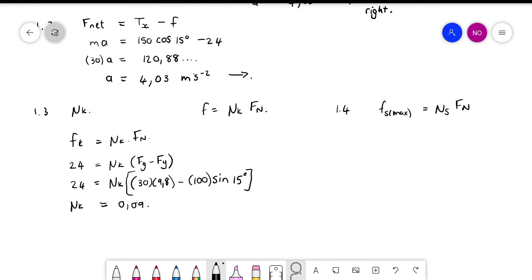So remember, this one is another constant, but now it is for static friction, and that can differ on the same surface between kinetic and static friction. Okay, so as hy eers beweeg, dan is sy kinetiese wrywingskoëffisiënt die hele tyd konstant. Okay, maar hierso is hy op die punt om te begin beweeg. So nou gaan ons werk met Fs max, because that is the point where it is almost starting to move.